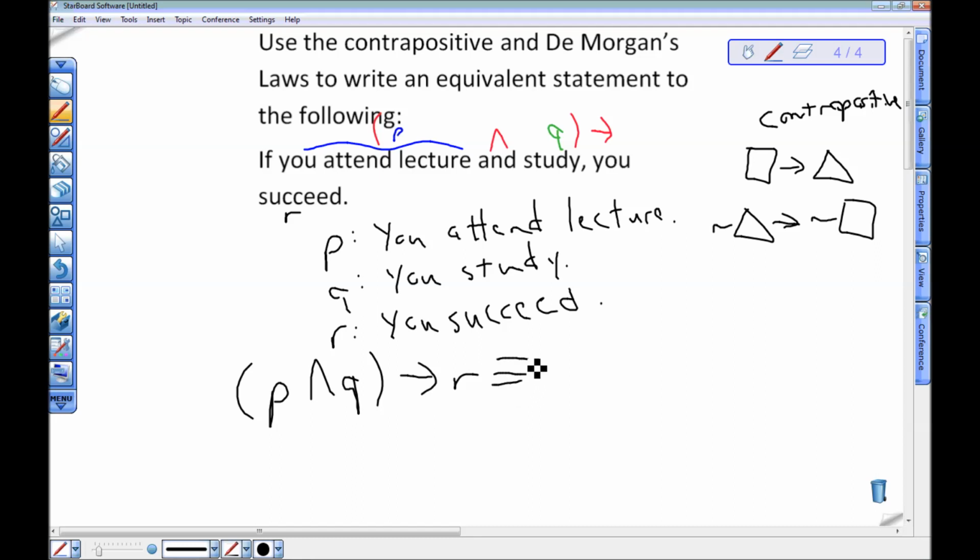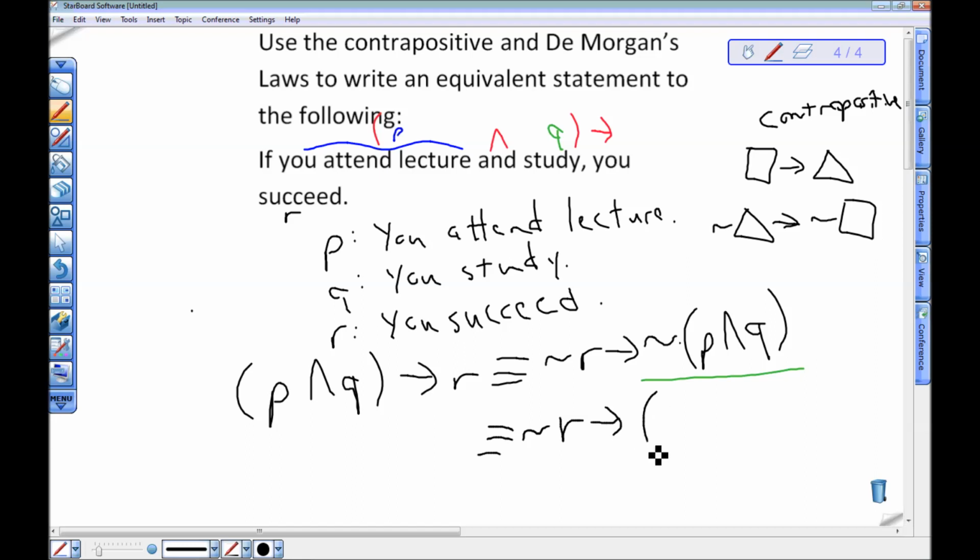So the contrapositive of this is if not R, then not, then in parentheses here, P and Q. Okay, so there is an equivalent statement. I used the contrapositive. Now notice over here, this is something I can use De Morgan's law on. It's the negation of a conjunction. So this is equivalent to if not R, then not P or not Q.